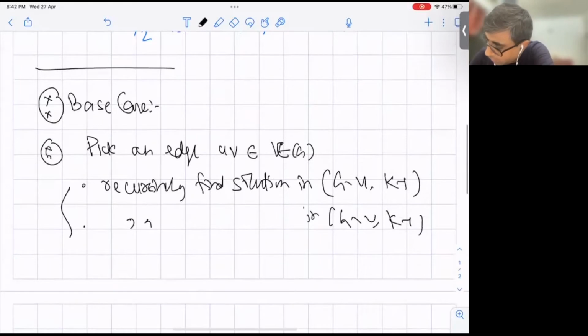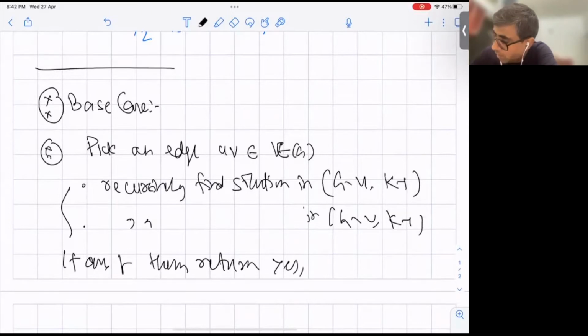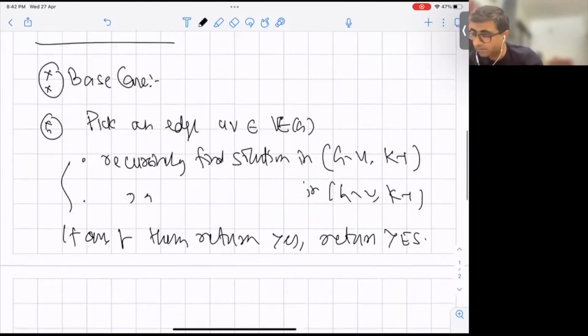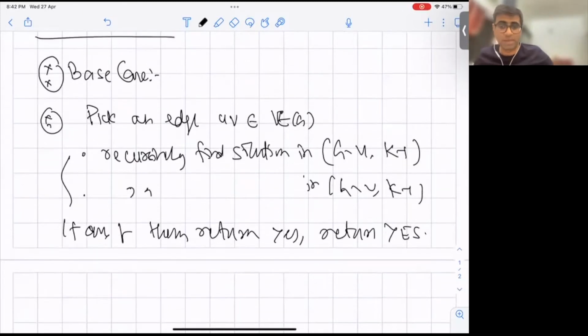And if any of them returns yes, return yes. So this was our base algorithm. We had some base cases, which we will discuss today. What are those base cases? Our algorithm was fairly simple.